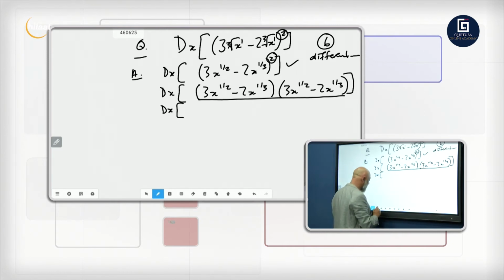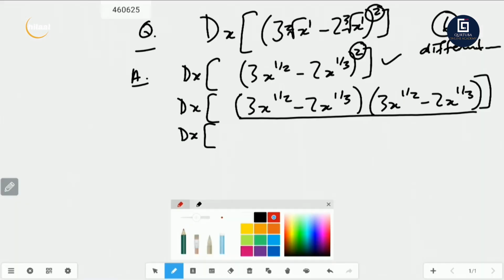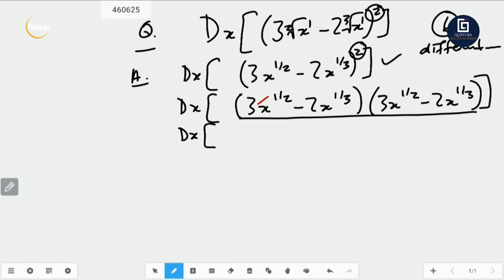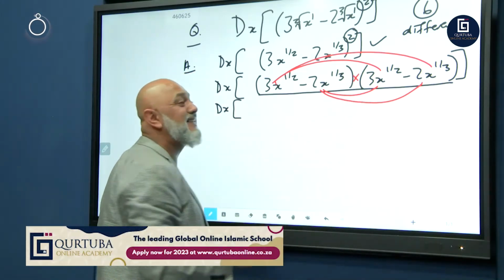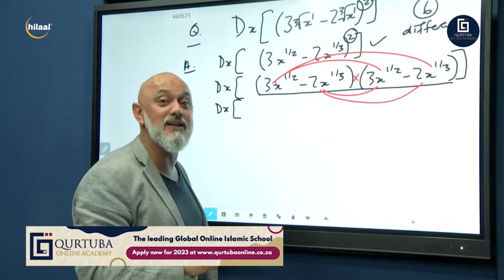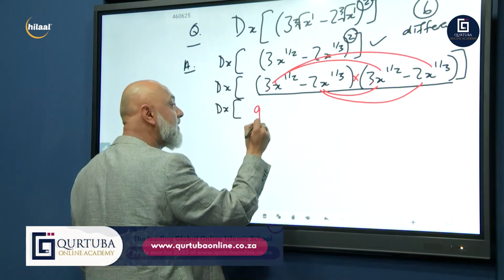Let's remove the bracket. You've got 2 terms times 2 terms, so we're going to FOIL it out. First, outer, inner, last. My 2 first terms, my 2 outer terms, my 2 inner terms, my 2 last terms. What are we doing? We are multiplying. We are not adding, we are multiplying. So 3 times 3 is 9.